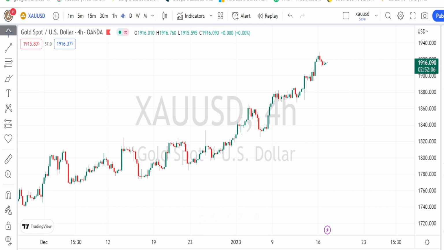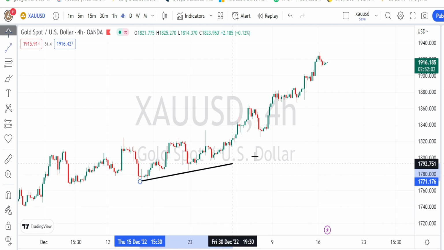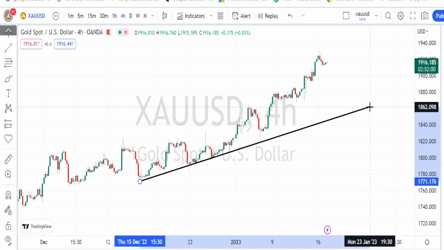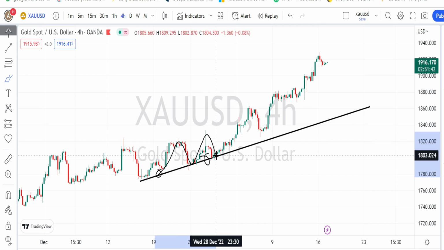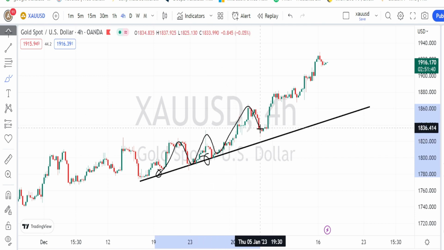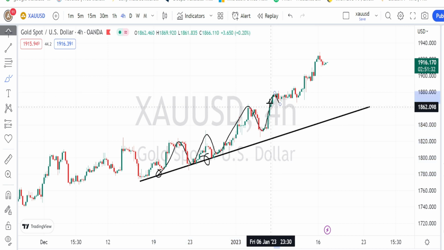I'm in the 4 hours time frame now. When we look at the current trend of the price action in the 4 hours time frame, it is very clear that it is in a very strong bullish trend. It has not broken this trend line or the support line, and every time the price action tests this support line, we have noticed it bounce back and continue with the bullish trend with a very high trading volume on the bullish side.